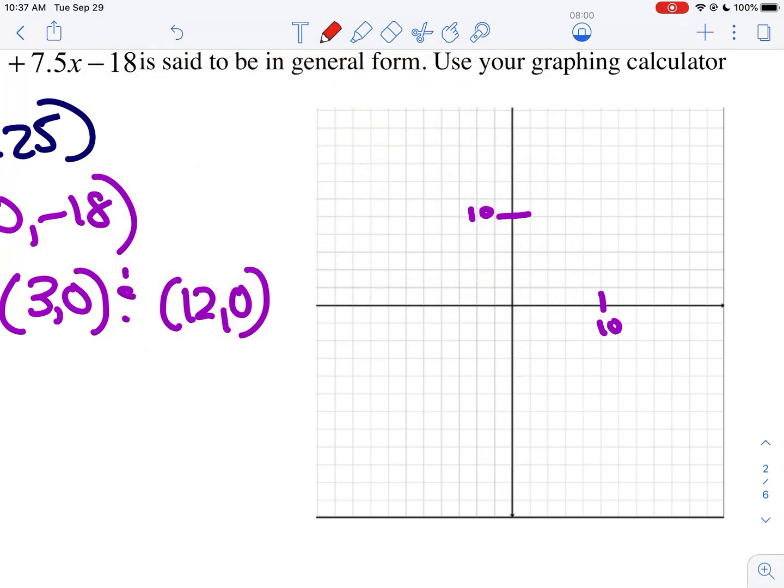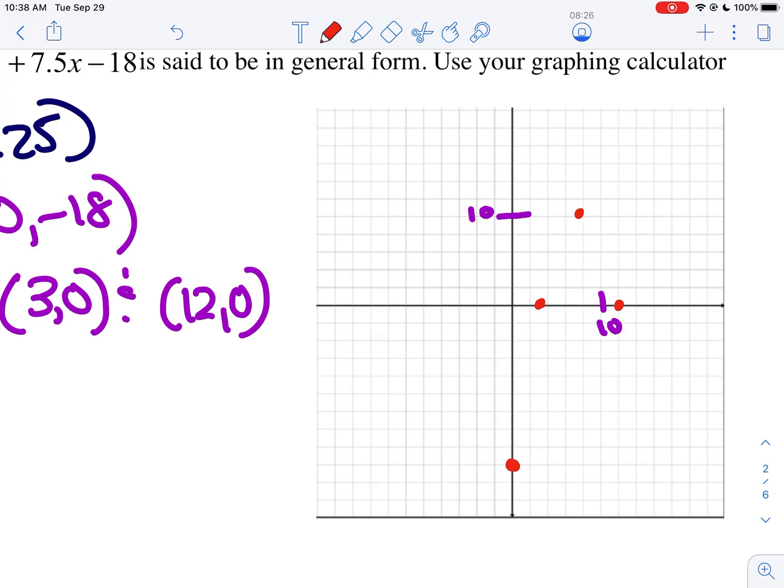So then I have the y-intercept, 2, 4, 6, 8, 10, 12, 14, 16, 18. So there's my y-intercept. Then 7.5, that's going to be really close to the 8 and up just a teeny tiny bit over here. Then I've got my 3, 0, and 12, 0.